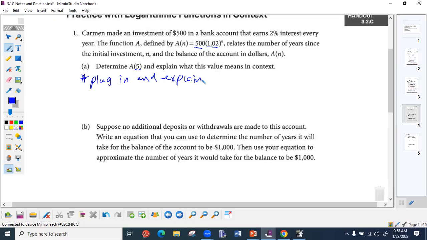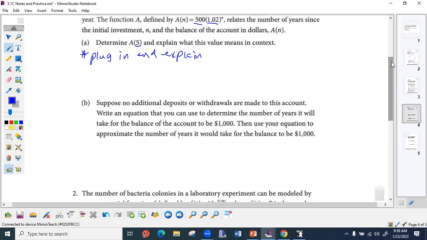Got it? All right. On part B, it wants to know, suppose no additional deposits or withdrawals are made to this account. Write an equation that you can use to determine the number of years it will take for the balance of the account to be $1,000. Then use your equation to approximate the number of years it will take for the balance to be $1,000.